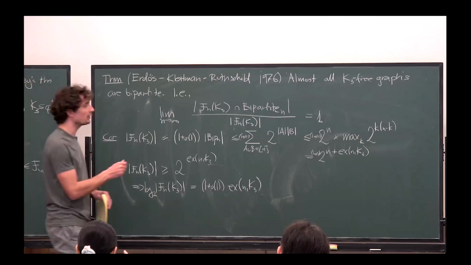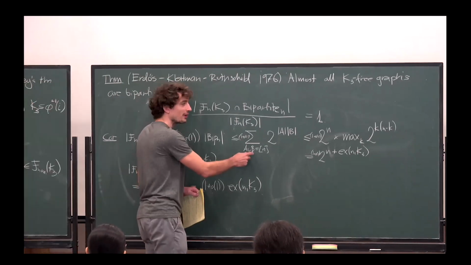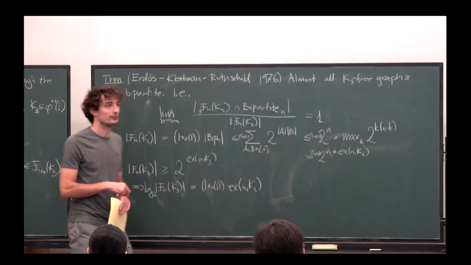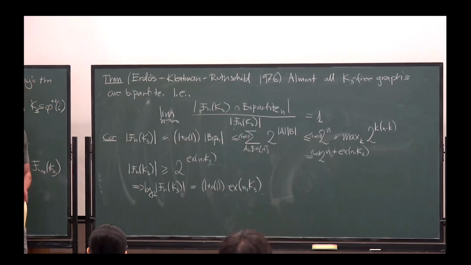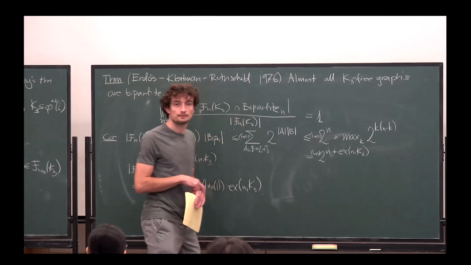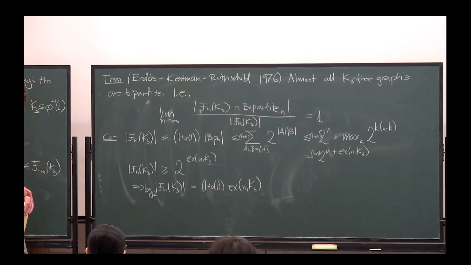So in particular, we're counting here over all bipartitions and not only over all sizes of bipartitions. So here you use the fact that the extremal number is quadratic, right?